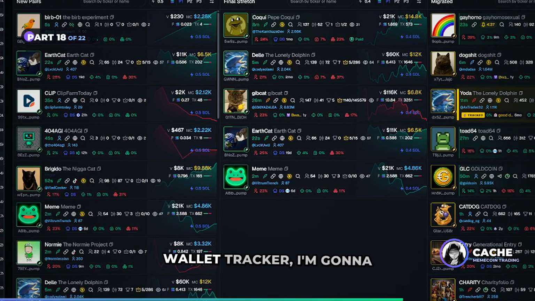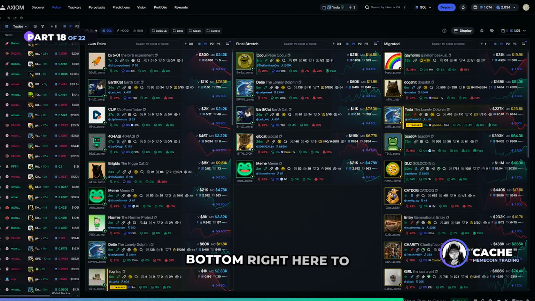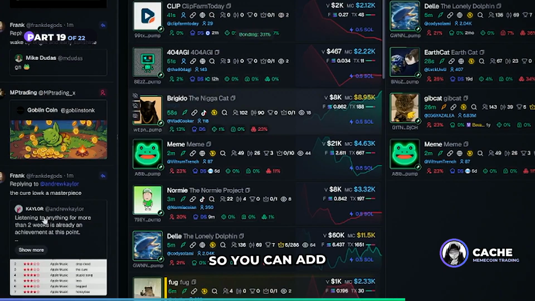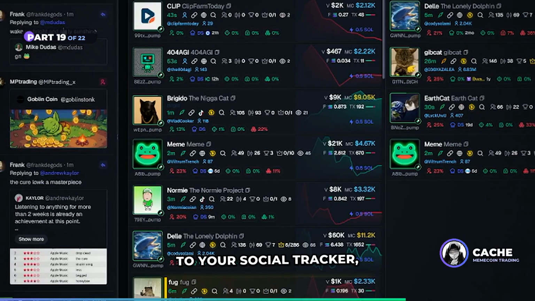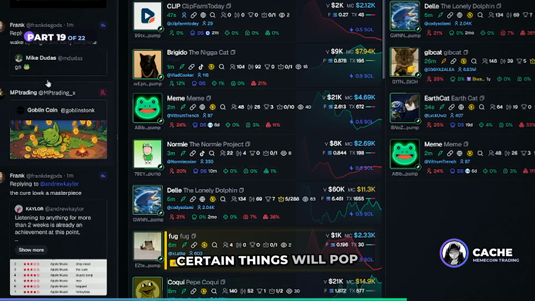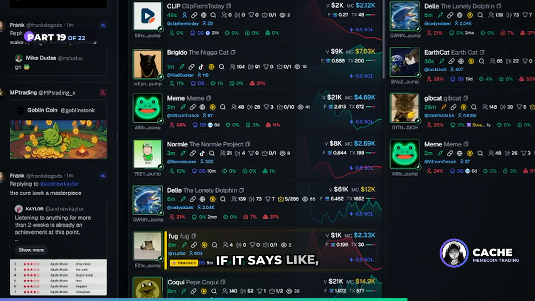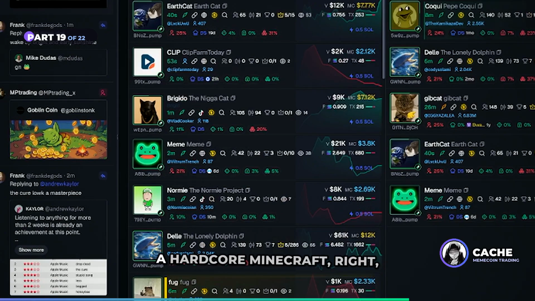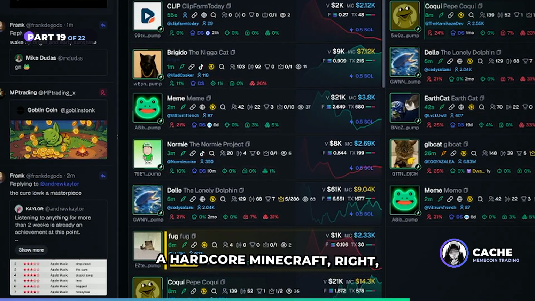So now you have that wallet tracker. I'm gonna just click at the bottom right here to disable it, and we're gonna click on social, so you can add a lot of things to your social tracker, and you can also see when things get Dex Paid. So certain things will pop up right here. So if it says like IShowSpeed smashes desk after dying in a hardcore Minecraft, right?